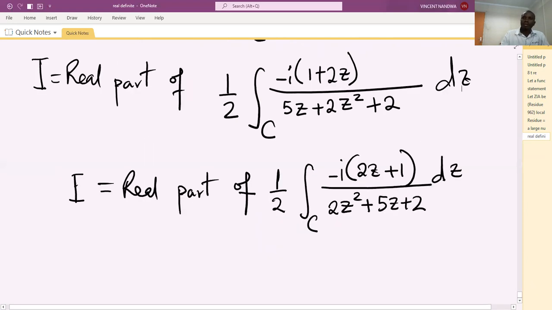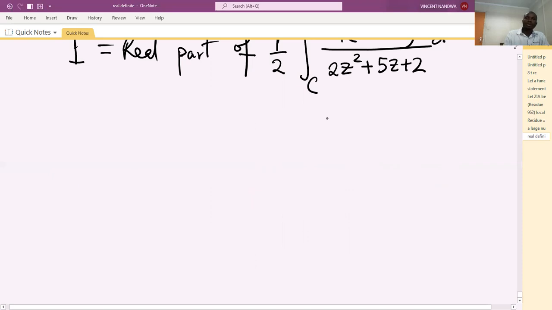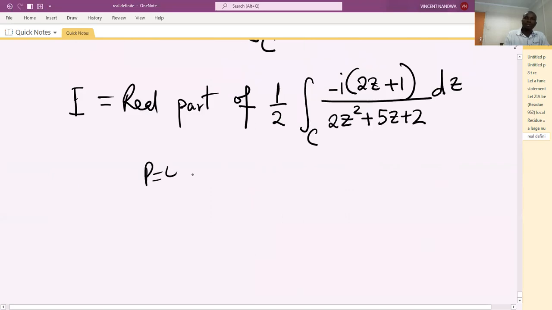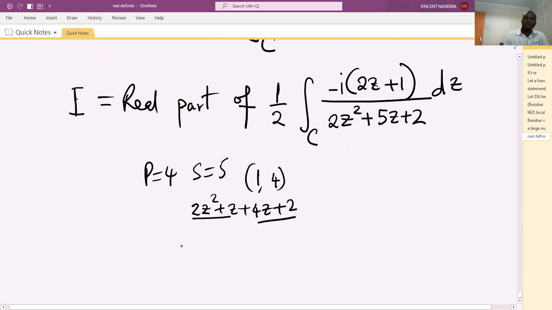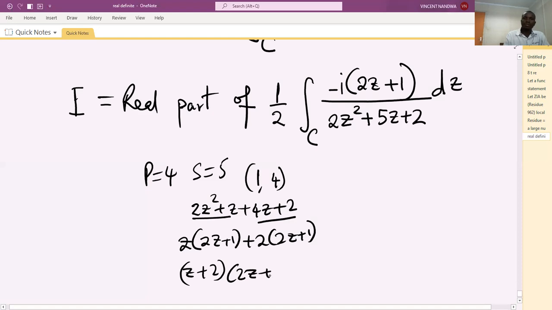Now, this is a quadratic, so the product is 4, the sum is 5. So the numbers are 1 and 4. So 2z squared plus z plus 4z plus 2. The common factor is z into (2z plus 1) plus 2 into (2z plus 1), so (z plus 2)(2z plus 1).